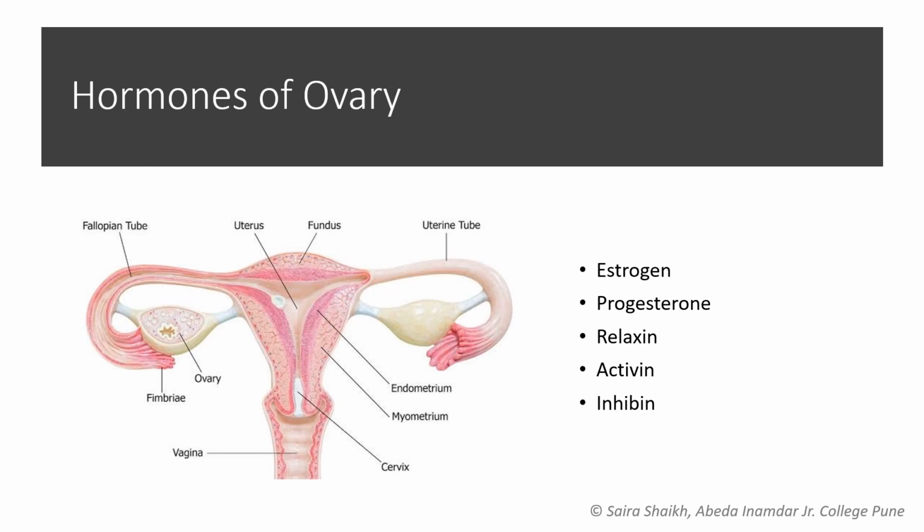The last hormone is inhibin. It plays an important role in the inhibition process. It inhibits the follicle stimulating hormone from the pituitary gland.